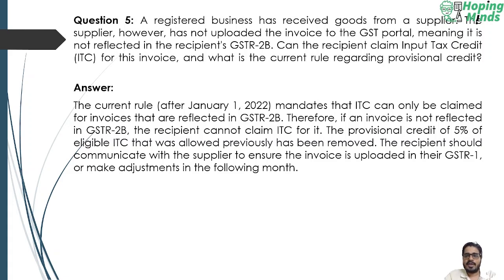The provisional credit of 5%, which earlier used to be 10% and even 20% of the eligible ITC, has now been done away with, and the recipient can claim the input tax credit only if it is appearing in the GSTR 2B. There is no concept of provisional credit now.